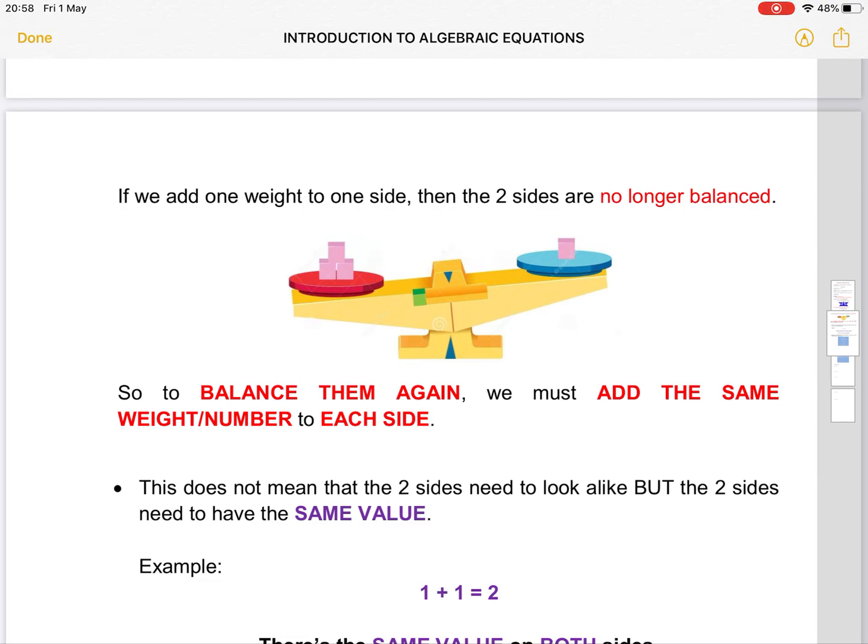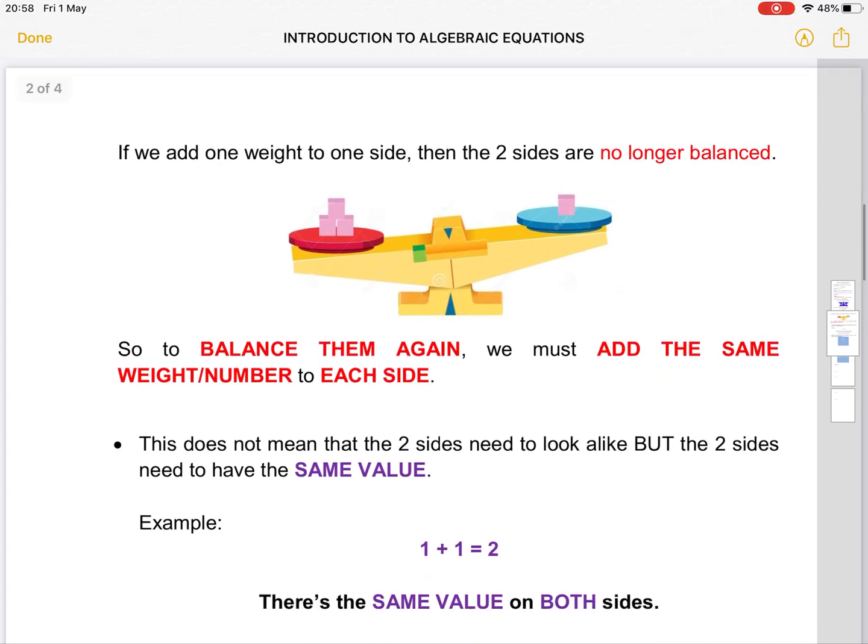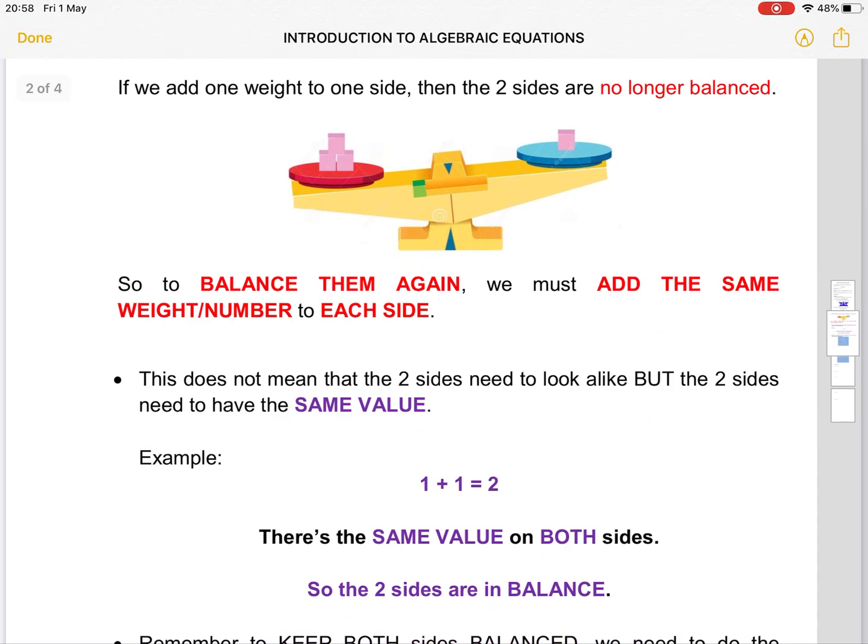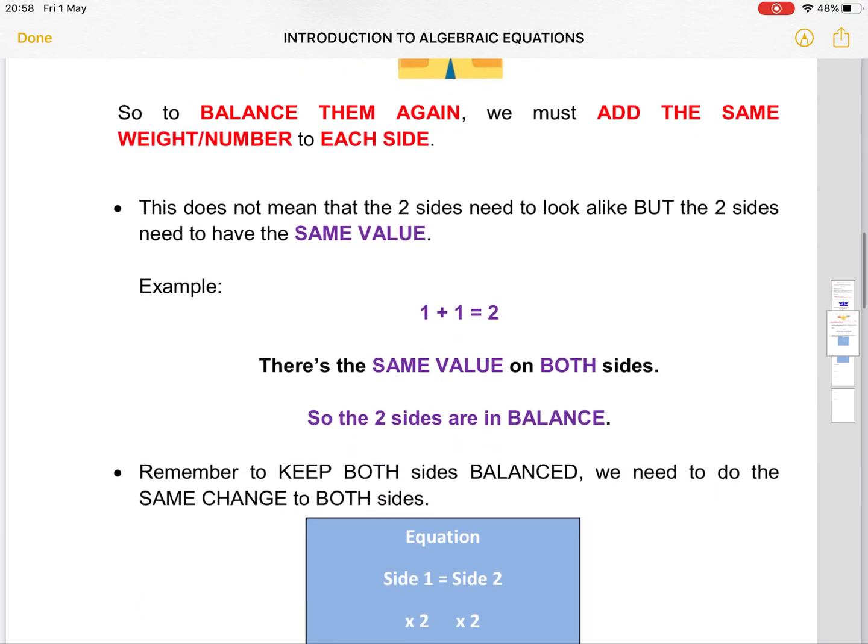Why? Because 1 plus 1 as a value is equal to 2, which is equal to the 2 on the other side. As we said, there's the same value on both sides, so we can say that the two sides are in balance.